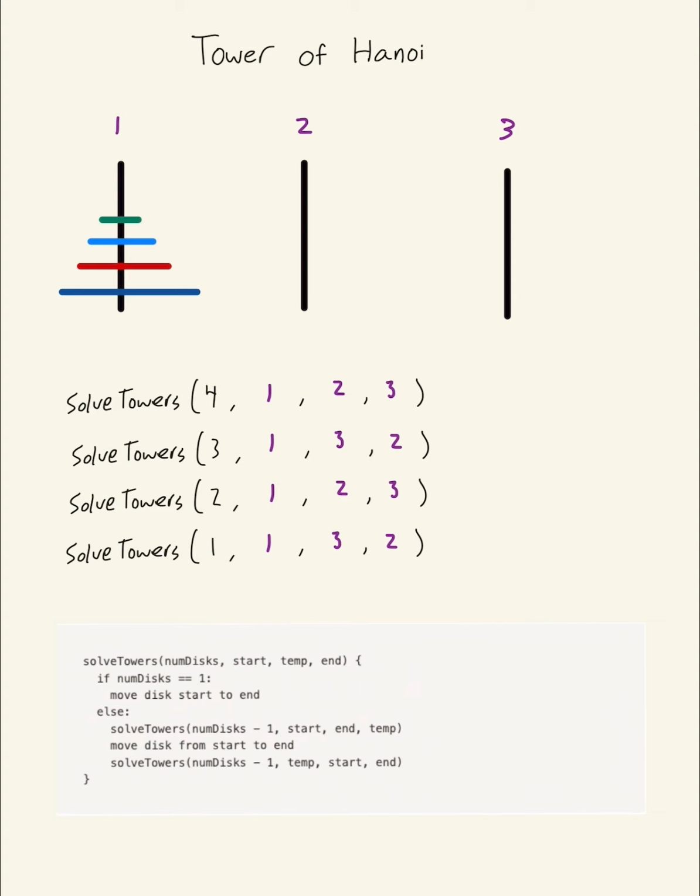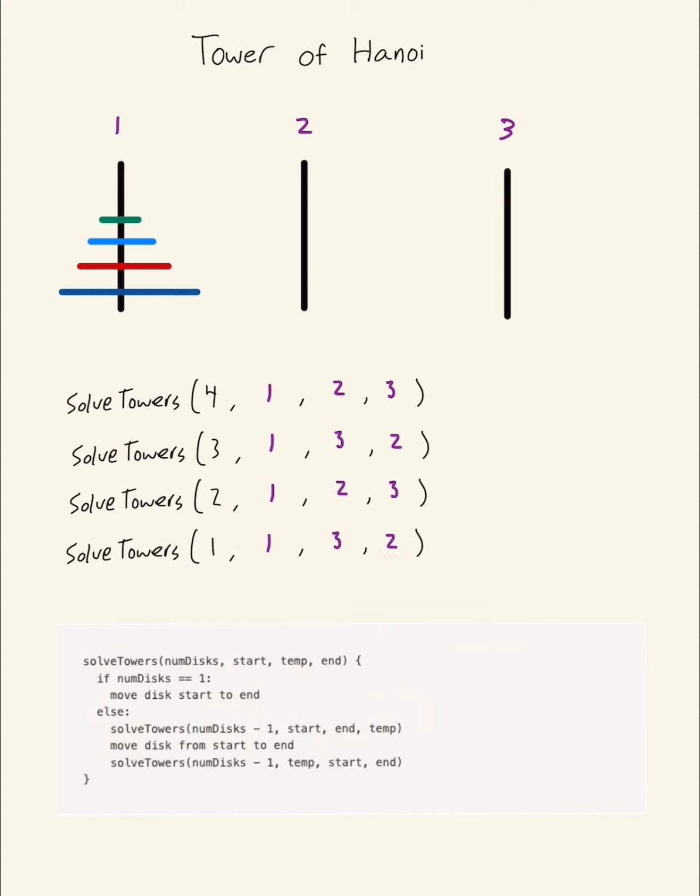So then we call solve towers 1, that's solve towers 2 calling this. How do we move a tower of size 1 over to the second pole using this one as a temporary?